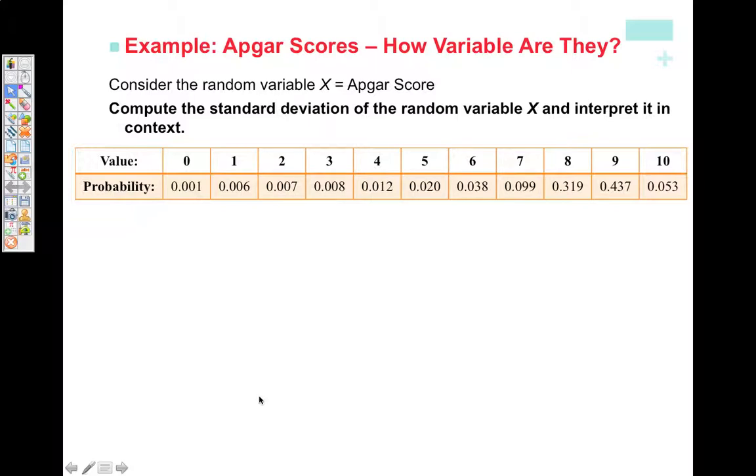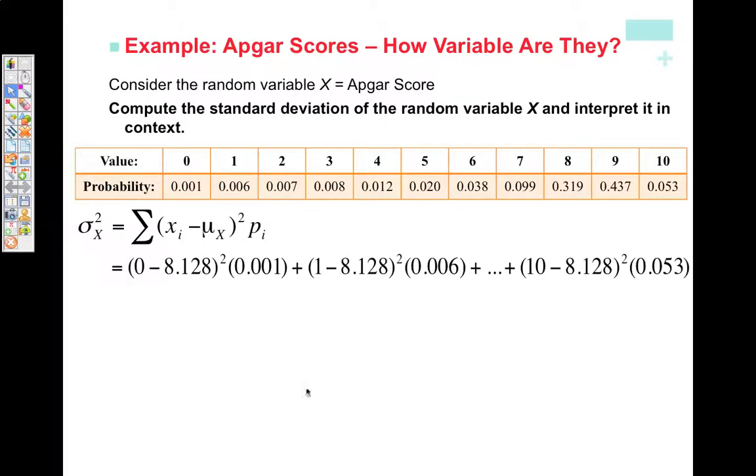So here's our Apgar scores table again. Let's find the standard deviation now. Go ahead and try to apply this formula that we just saw. We find the variance, then we square root it. Difference of the data value and the mean, squared, times the probability.